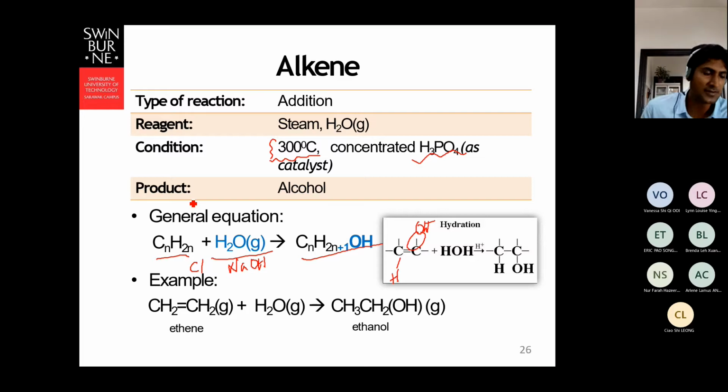So that is much more feasible, because consider that you have to produce a few hundred tons of alcohol every day, and at 300 degrees centigrade you have to elevate the temperature. It's too much energy you will need to burn, and also the catalyst, not much, but still you have to clean it off later. So this is more troublesome than the previous way, haloalkane with the help of a base, an alkali, we can produce.